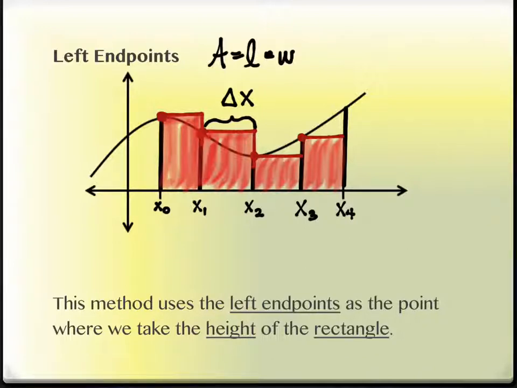So what we're going to do if I find the area of this first rectangle is that it's length times width. Well, the width is delta x. The length, or height in this case, is what? How is it found? At what, Emma?